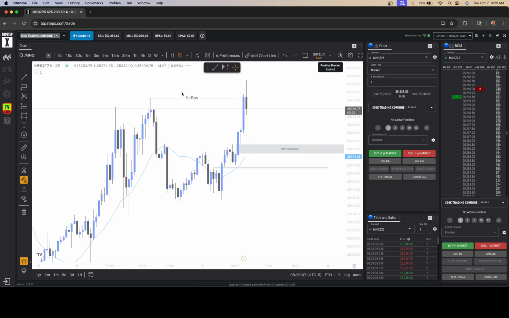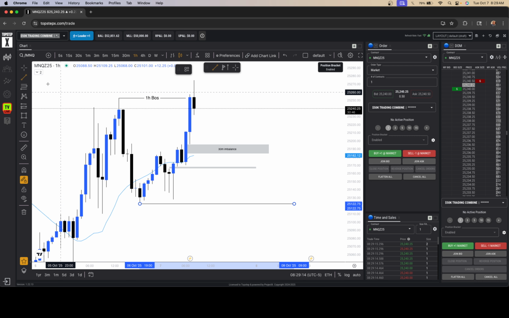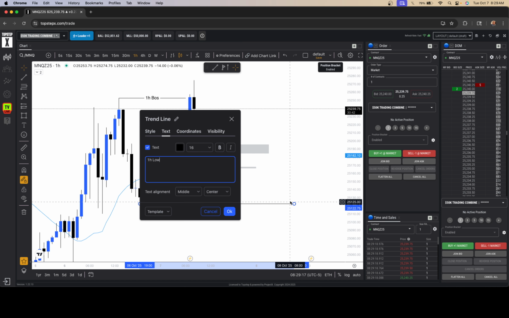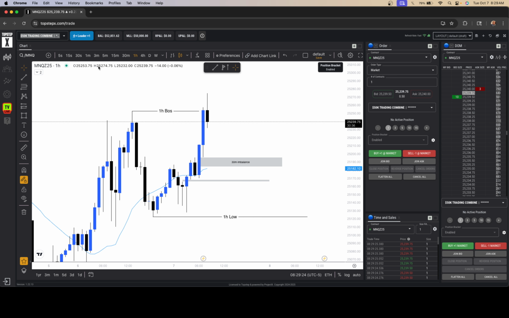We're going to go map out our 1 hour low. This is our 1 hour low. There was supposed to be, actually there is no news today.